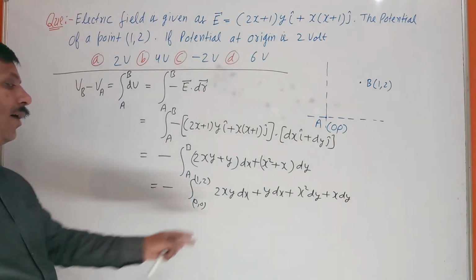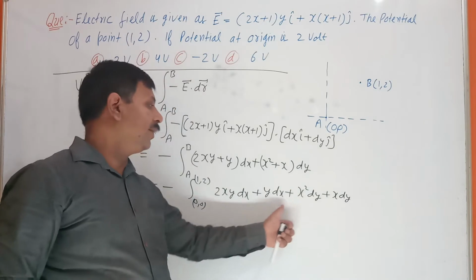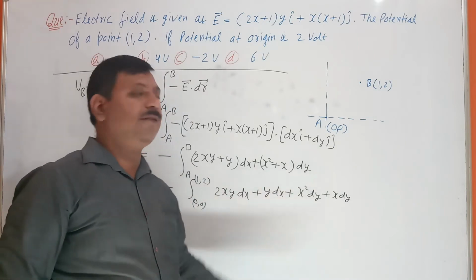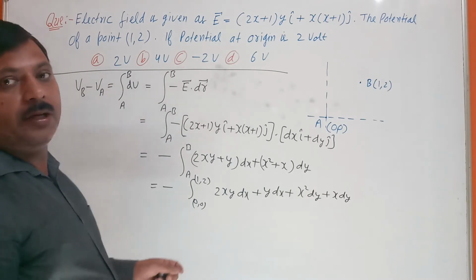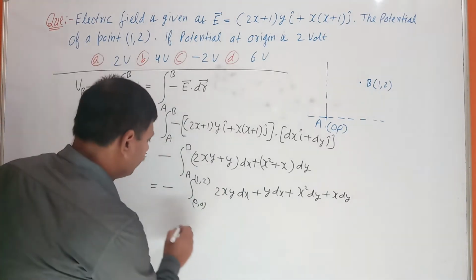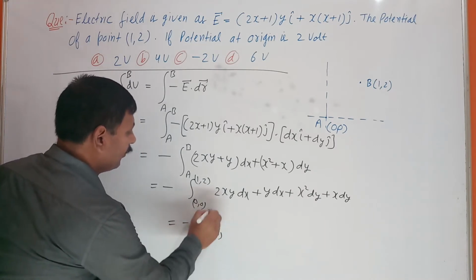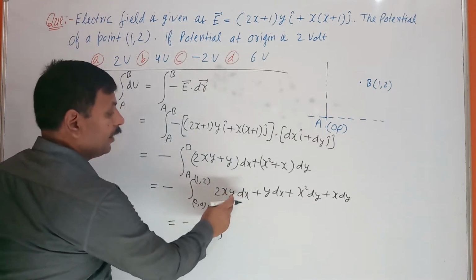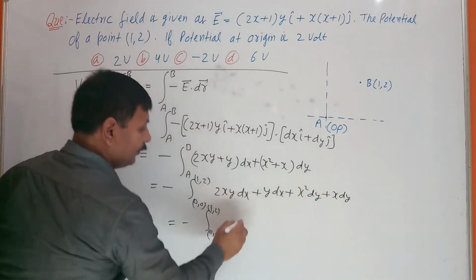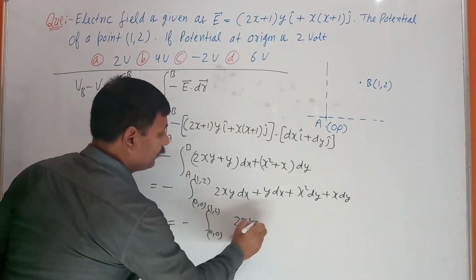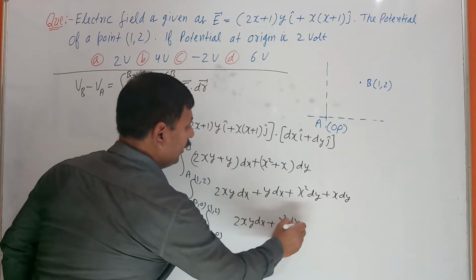See here, how are we integrating these multiple functions? If the function is in both x and y, I have to convert it into a differentiation form. How can we convert it? Integrating from (0, 0) to (1, 2), you have to take together 2xy dx plus x square dy.